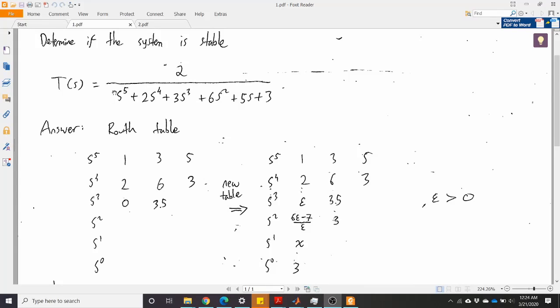So s to the 5 has one coefficient, so we put 1 here. And then s to the 4 has 2, so we put 2. And then here we put the rest. So s cubed 3, and then 6, 5, and 3.